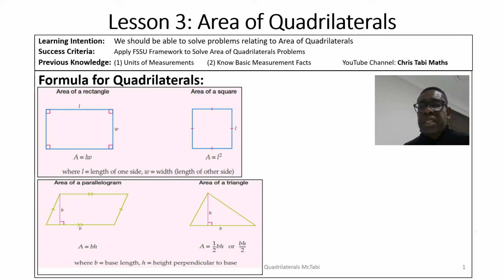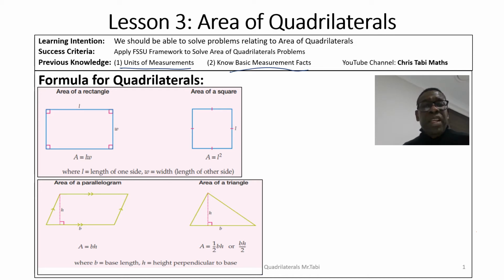In our previous lesson on perimeter and also on circumference and circle relationships, we've learned some basic measurement facts, and we also know some units of measurements and how to convert units. There are some basic formula that we need to know as we do this lesson.